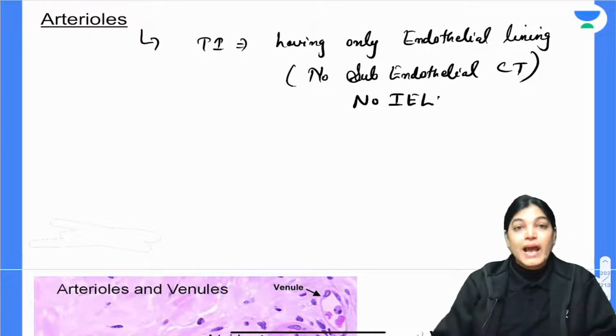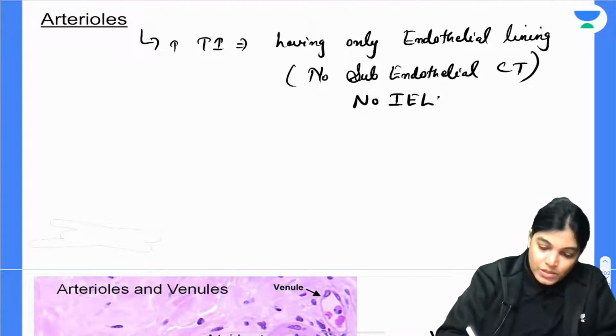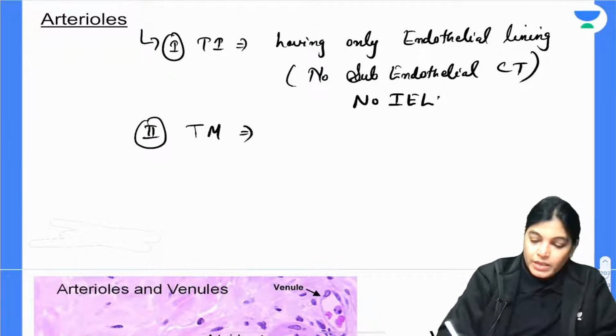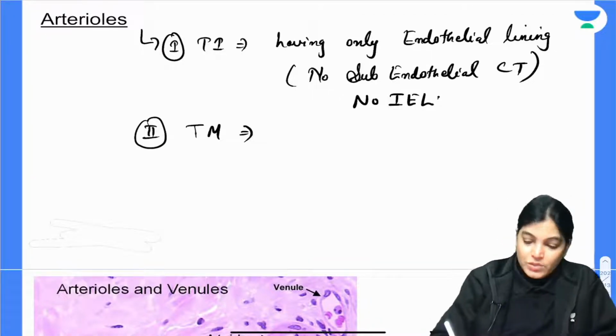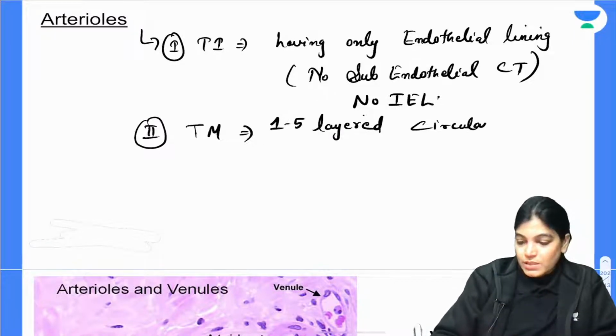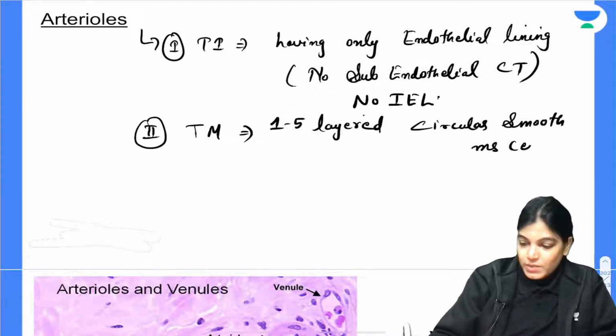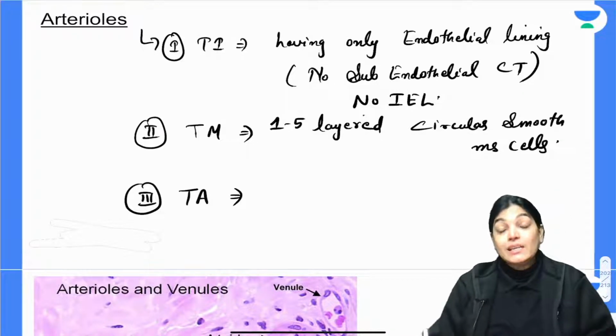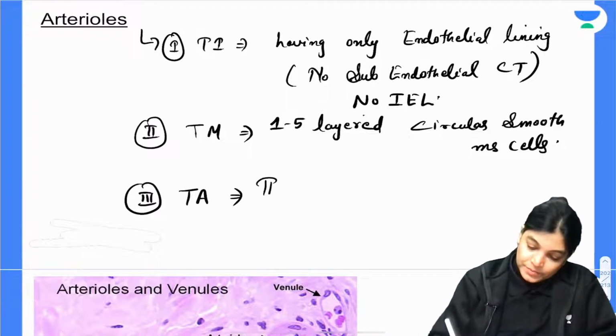All these structures are absent in case of arterioles. So this was the first layer. What about the second layer? Tunica media is 1 to 5 layered, consisting of circular smooth muscle cells. And the third layer, tunica adventitia, is thin and poorly developed.